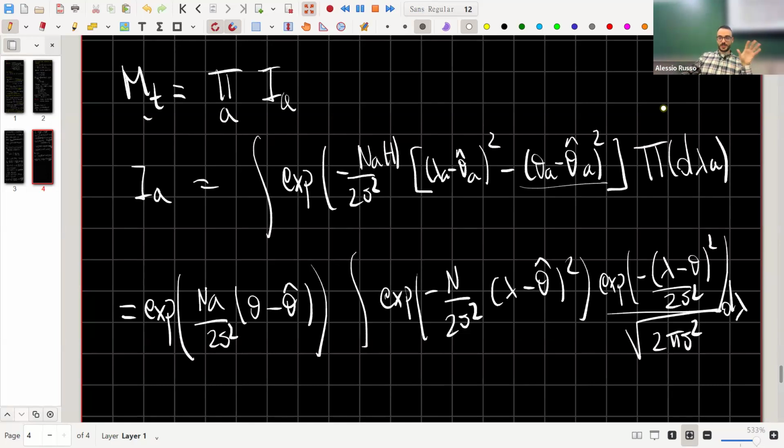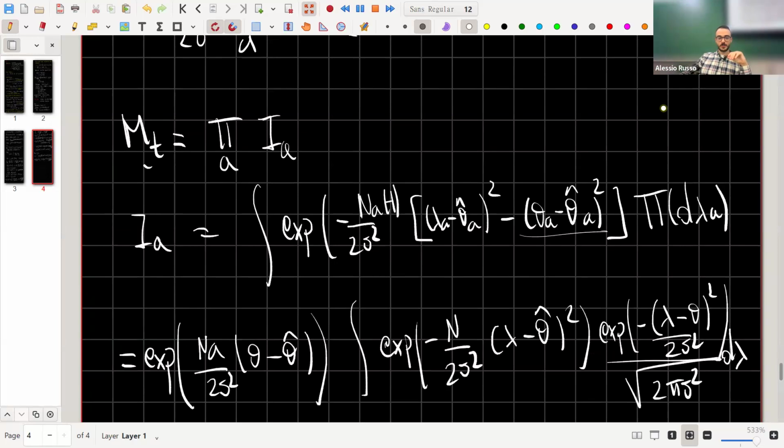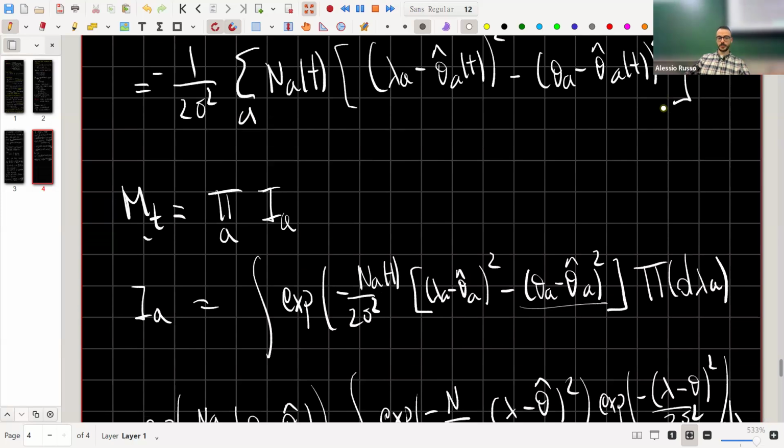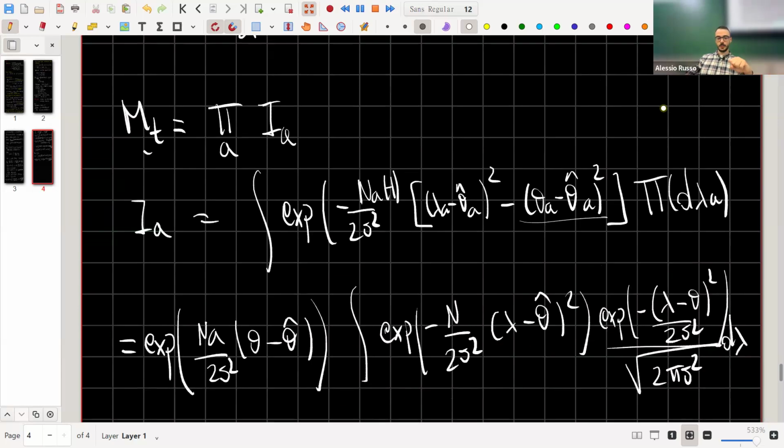Okay, so just a small recap. Remember, our martingale was an integral of likelihood ratios. We showed that the logarithm of the likelihood ratios is equal to this sum over actions of this quantity. So we can factorize the integral as the product of this IA, where IA is a single integral.